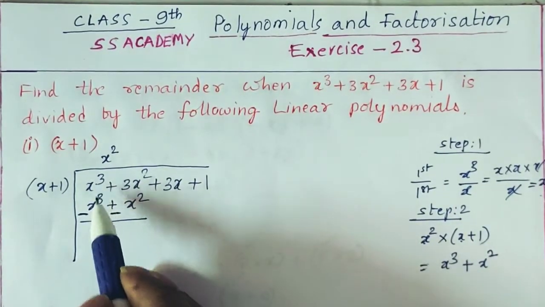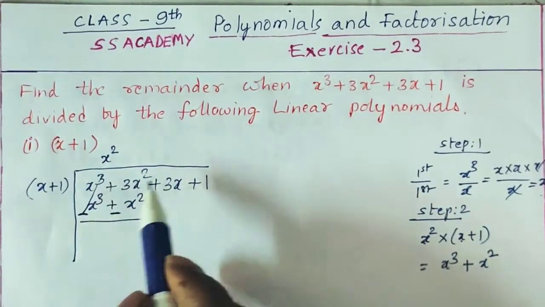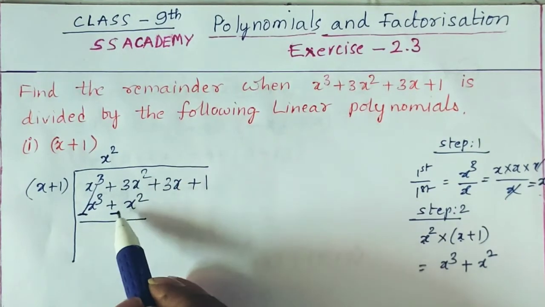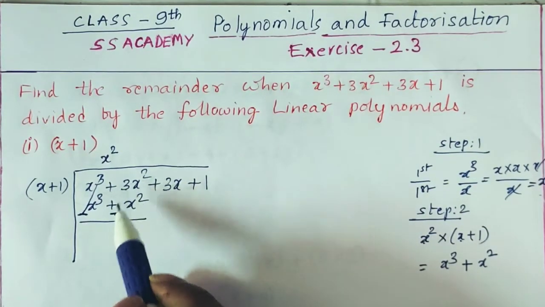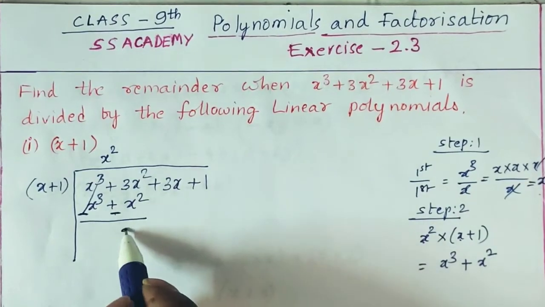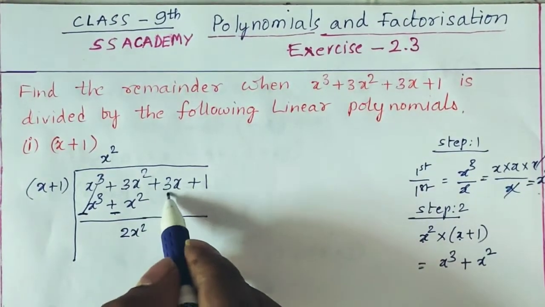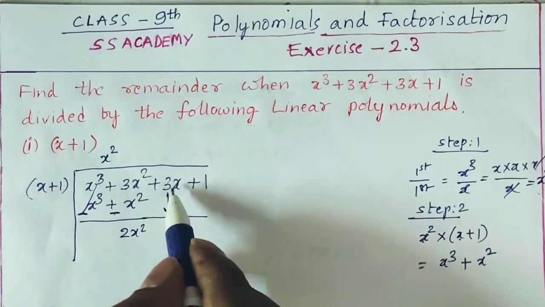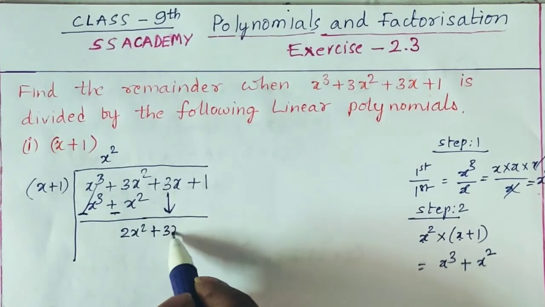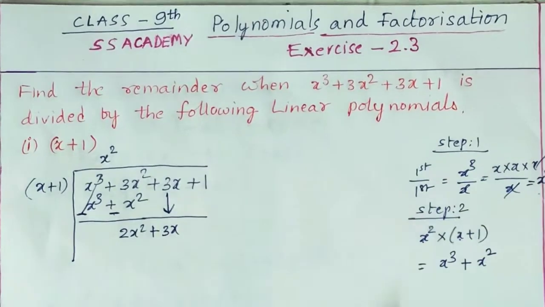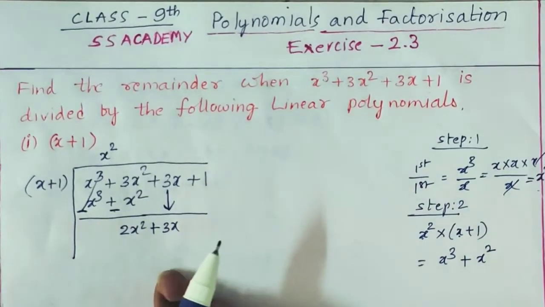So plus x cube minus x cube gets cancelled, and here it is 3x square minus x square, which will become 2x square, right? Now you need to bring down the 3x plus 3x. Now 2x square plus 3x acts as the dividend here.